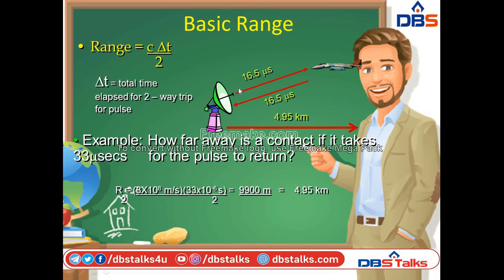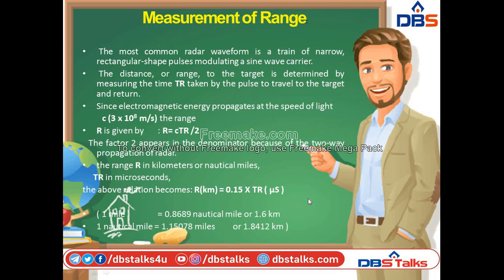That means this is the complete one, 16.5 plus 16.5, 33 into 10 to the power of minus 6 seconds, by 2. That will be equal to 9,900 meters, which is equal to 4.95 kilometers. Therefore, the complete distance is 4.95 kilometers. That means the target is at a range of 4.95 kilometers.